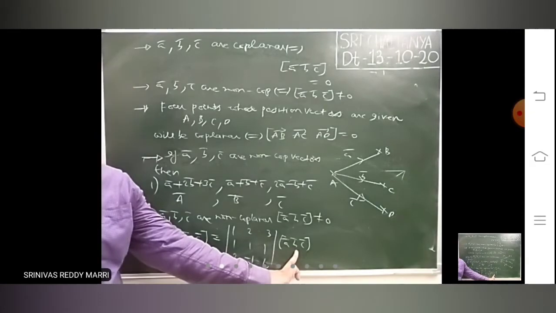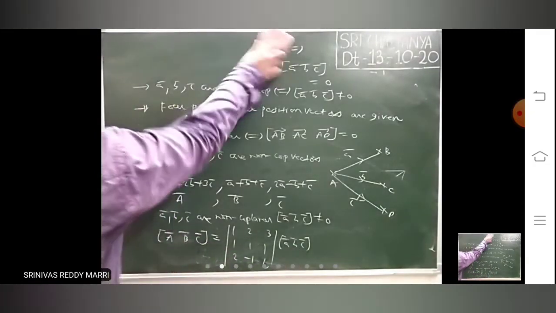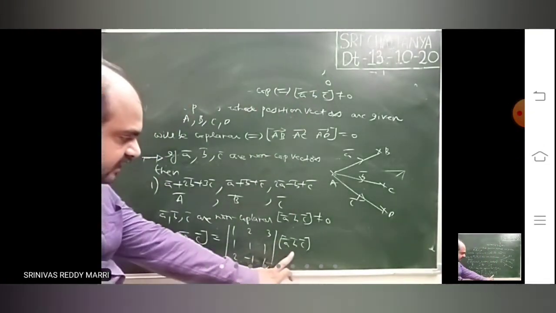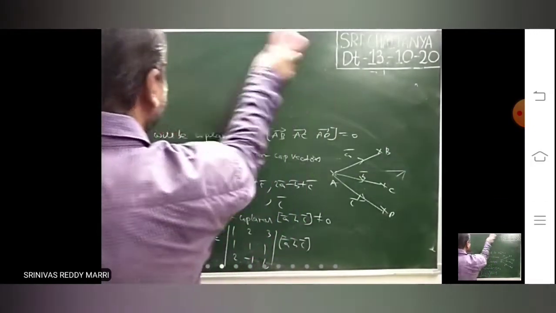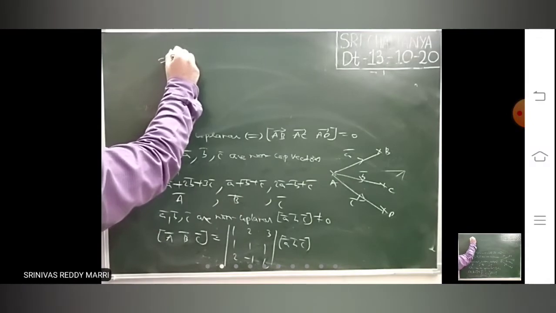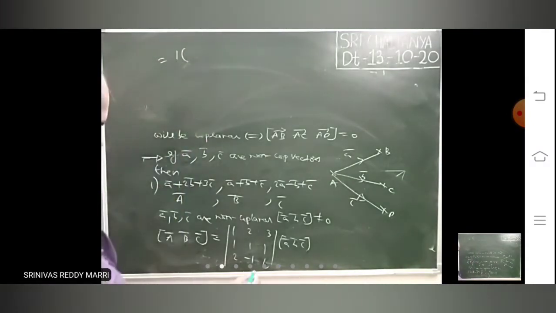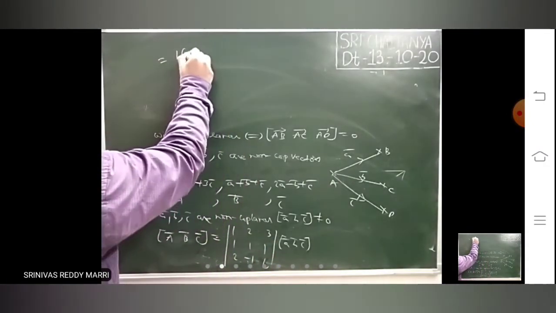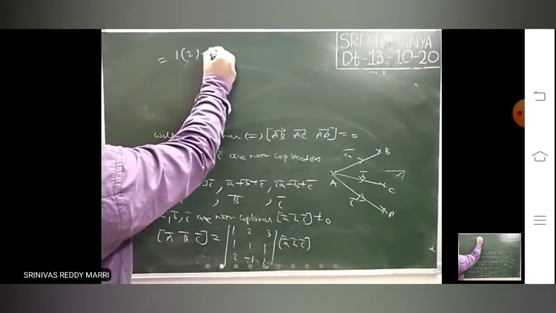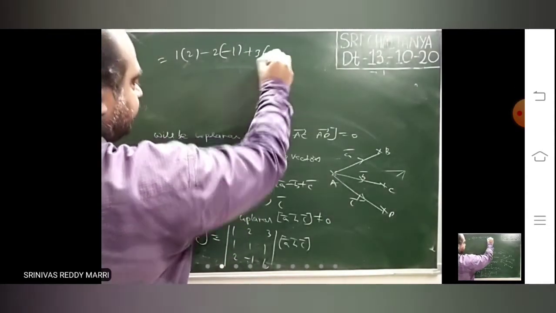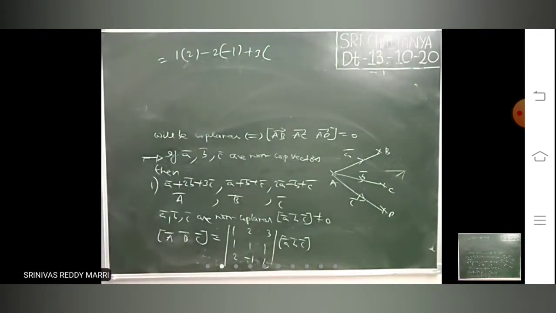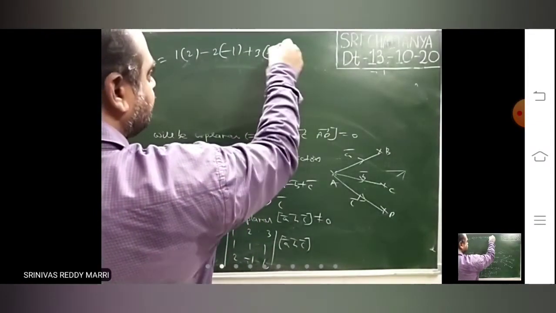That means box ABC is not equal to 0. This can be 0 if this is 0 also, but this is given not equal to 0. Therefore, the determinant value, if you calculate: 1 into 1 plus 1, 2, so minus 2 into 1 minus 2, minus 1, plus 3 into minus 1 minus 2.